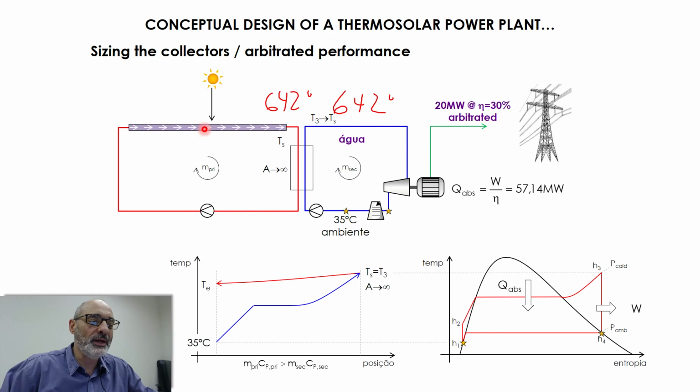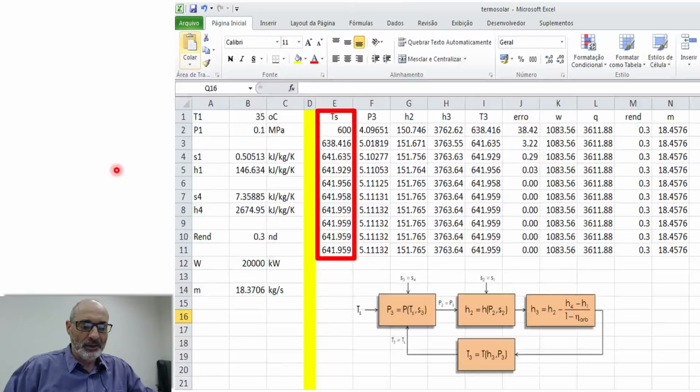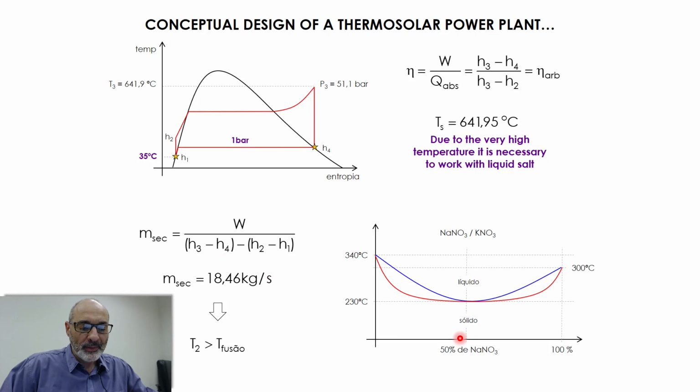Okay, so one problem of this solution is that our working fluid solidifies. And as I mentioned, if it solidifies, it's going to block the pipeline. So I cannot afford to have a lower temperature at this leg here, okay, below the solidification temperature. So this means that it's better to work with this concentration, 50%, 50%, because that's the lower solidification temperature, okay?